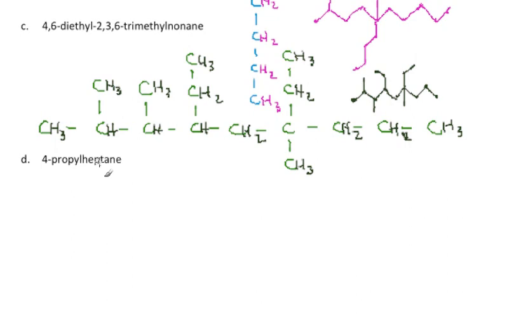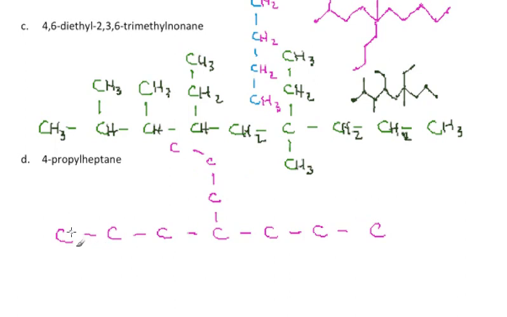4-propylheptane. Heptane is 7. 1, 2, 3, 4, 5, 6, 7. On the fourth carbon, there, put a propyl group, which is 3 carbons. 1, 2, hurting for space.